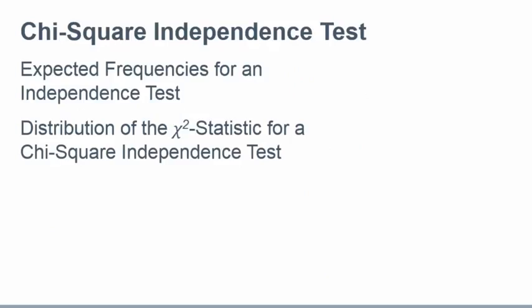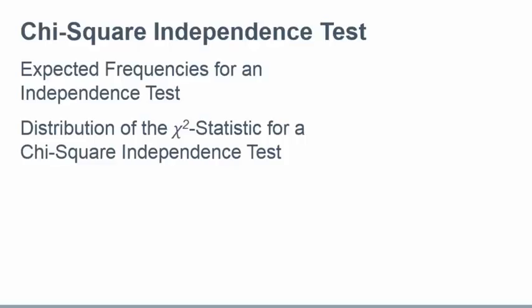To recap, chi-square independence test. Expected frequencies for an independence test. The expected frequency for each cell is found by the formula E equals R times C divided by N. R is the row total, C is the column total, and N is the sample size. Distribution of the chi-squared statistic for a chi-squared independence test.